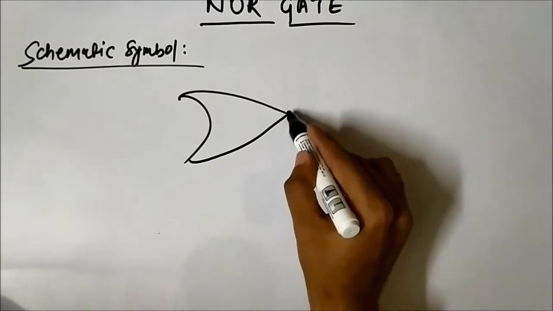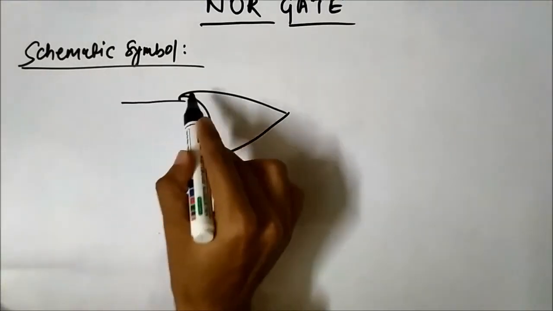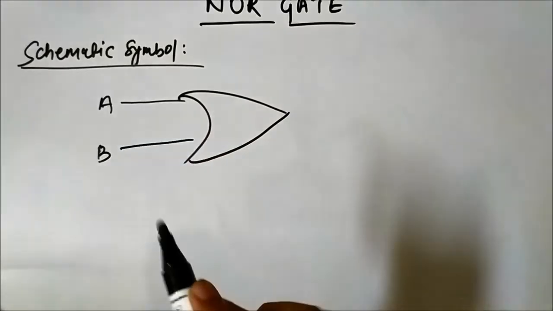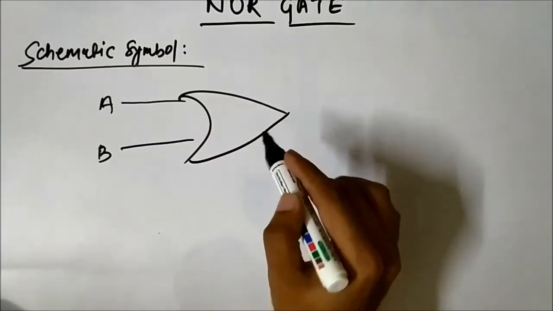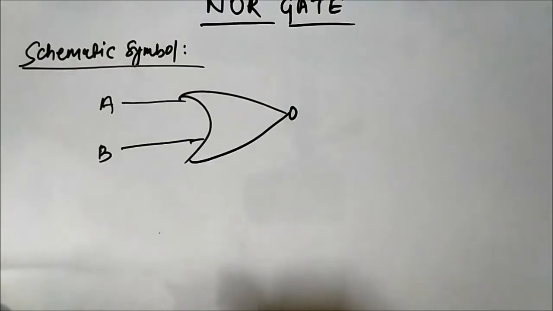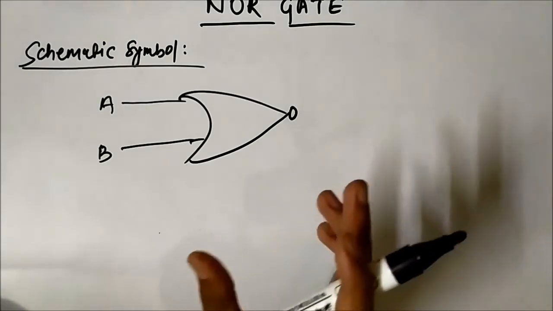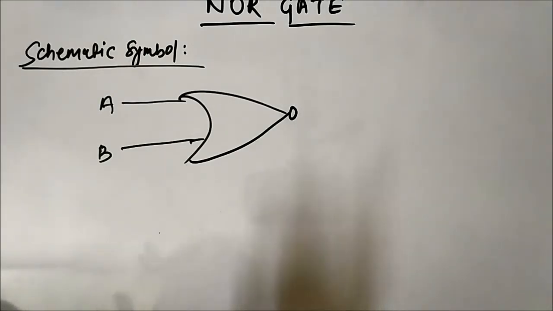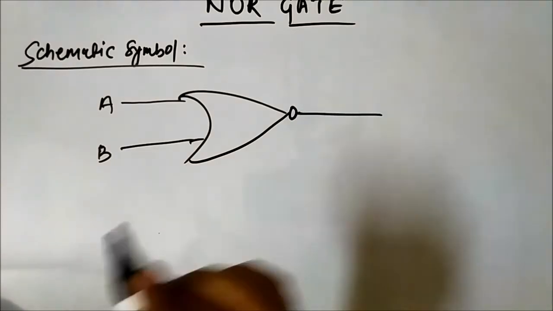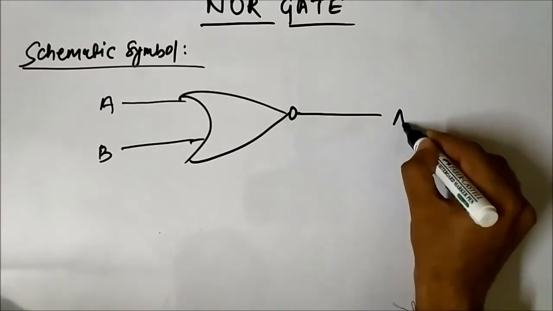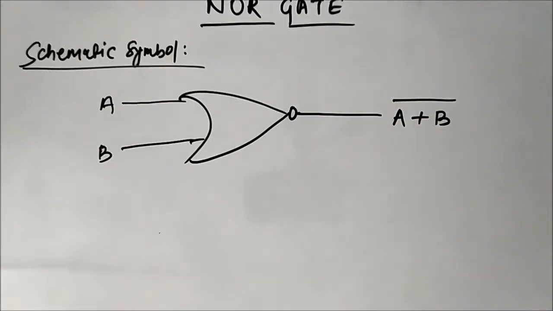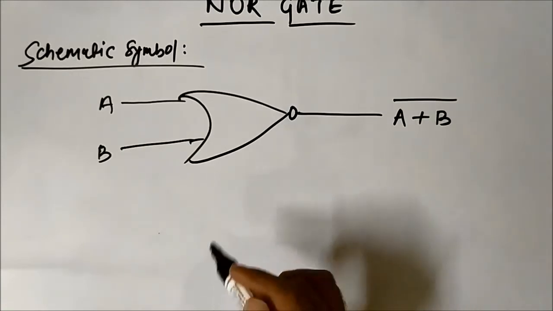This is the symbol of the OR gate with the two inputs. In order to convert it into a NOR gate, we add a bubble here which represents the NOT operation, the NOT gate. So now this becomes the NOR gate, (A or B) complement. So this is the schematic symbol of the NOR gate.